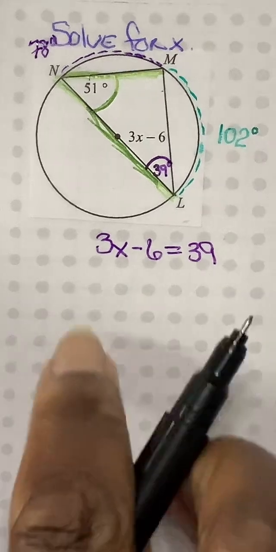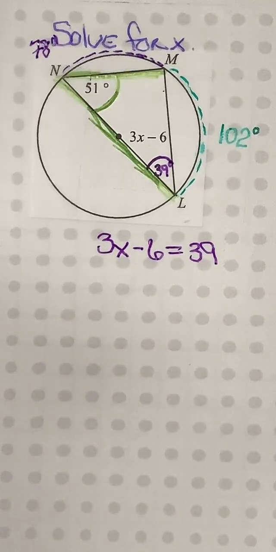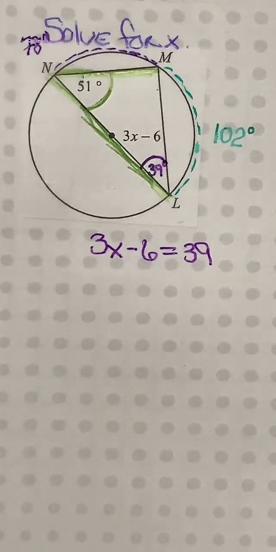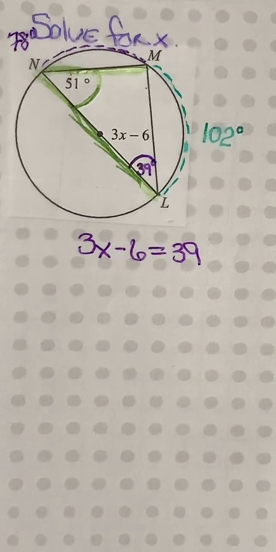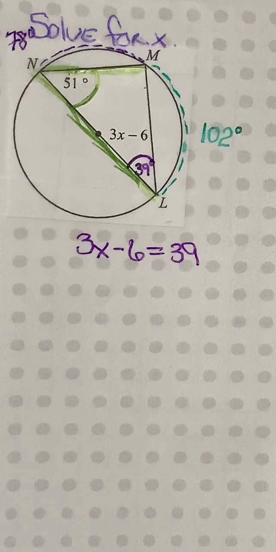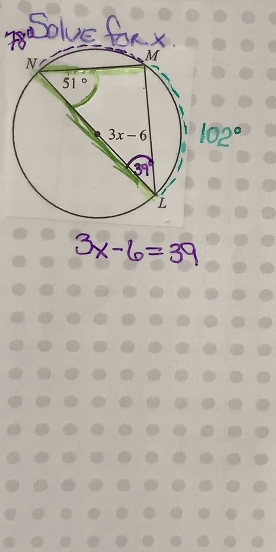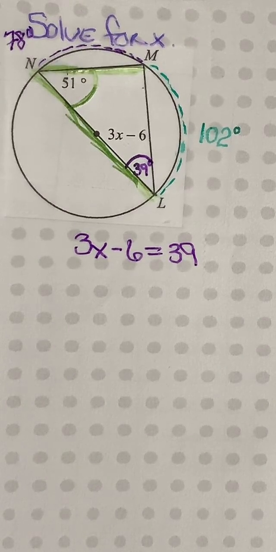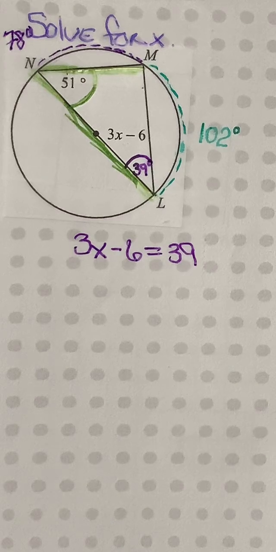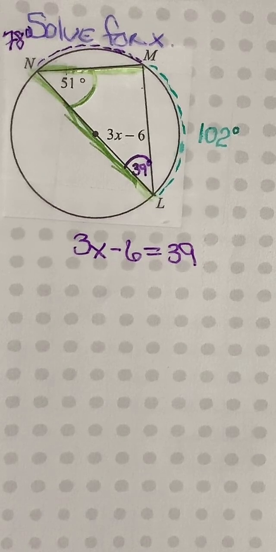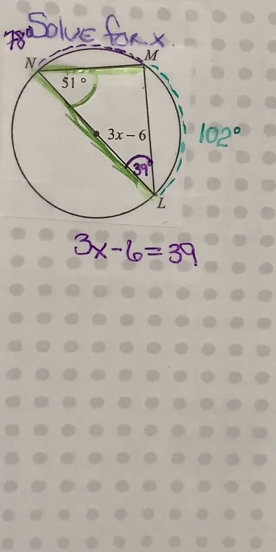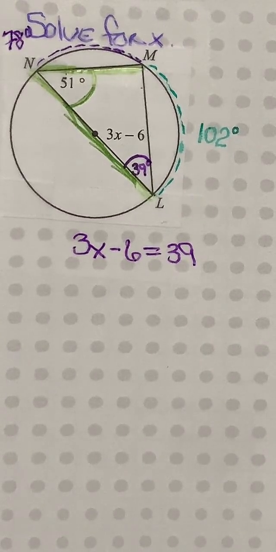So now we can calculate what x is going to equal, because we're solving for x. So what does x equal? So L has 15.